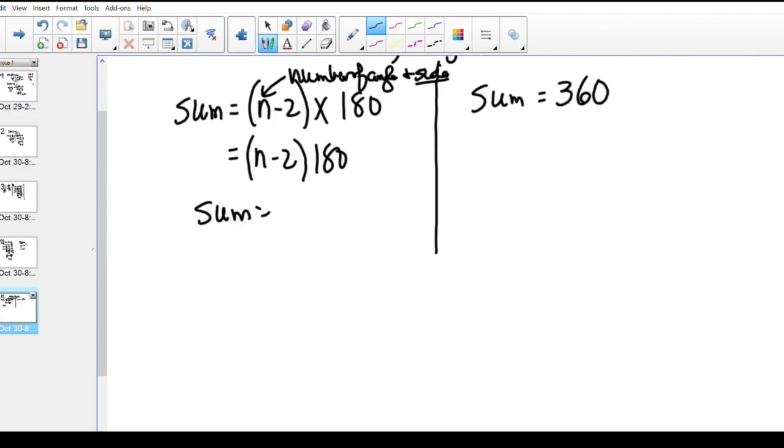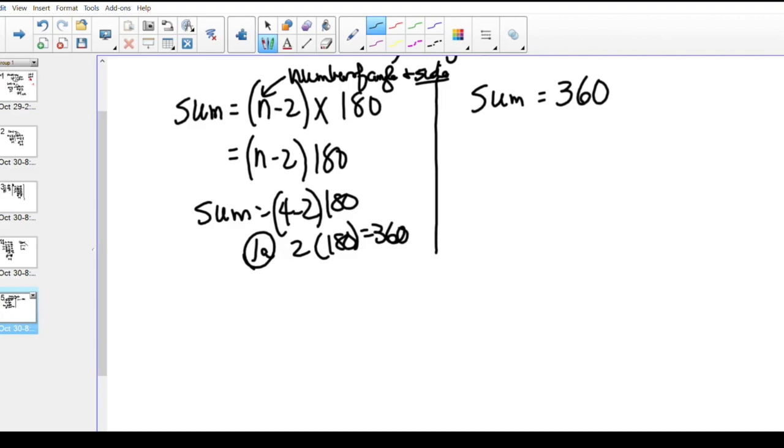That n stands for either way you want to say it. So when I say a quadrilateral, I may ask you how many sides does it have, and I'm expecting you to say 4. So n is 4. Take away 2. So 2 times 180 is what? Can you handle it?